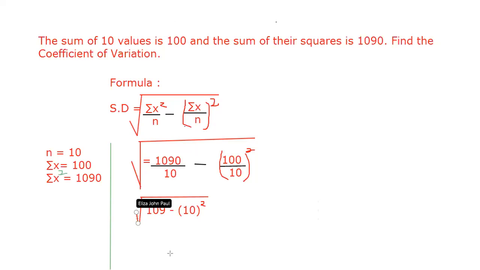So 109 minus 100 is equal to 9. So what is our standard deviation now? There will be 9 remaining, so the square root of 9.